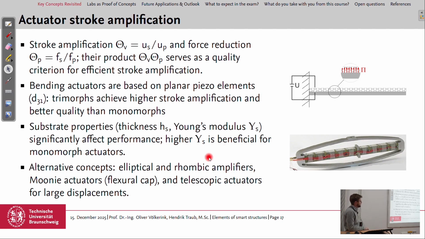And we also had a look at alternative concepts like elliptical and rhombic amplifiers, or this Mooney actuator, where a stack actuator with an elongation in this direction yields an amplified elongation in this direction.